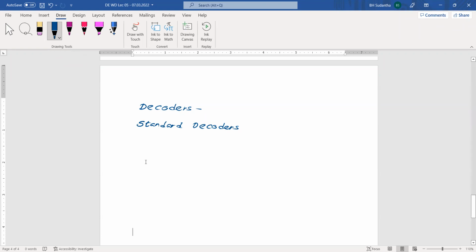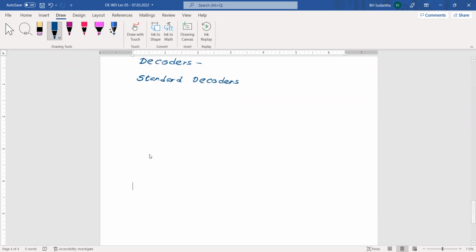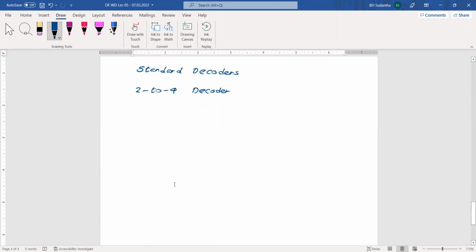Under the standard decoders, the first very simple standard decoder is the 2 to 4 decoder. I'll draw the 2 to 4 decoder block diagram.